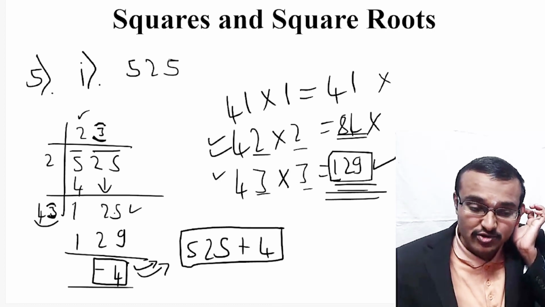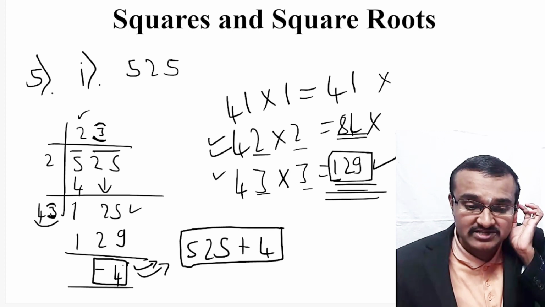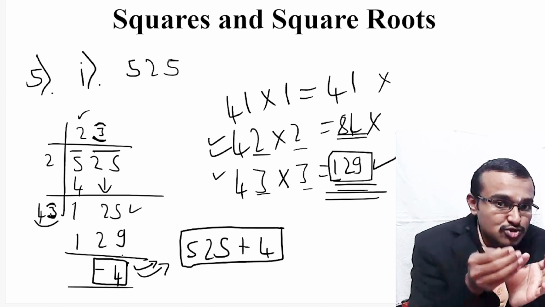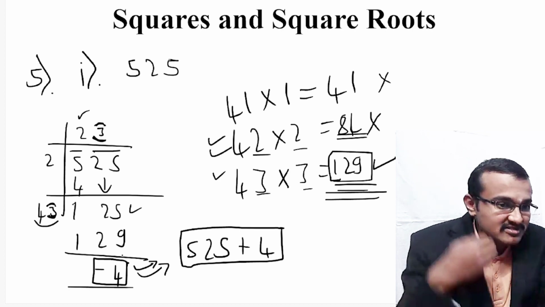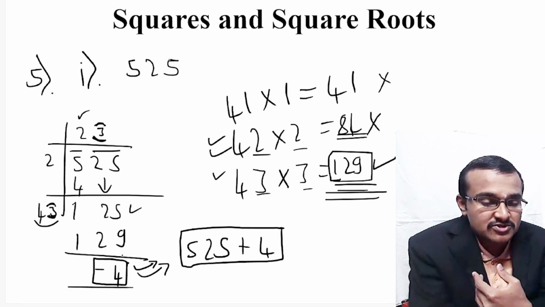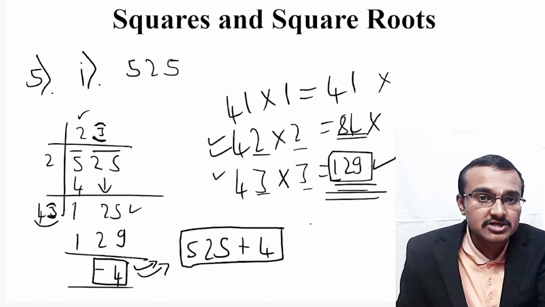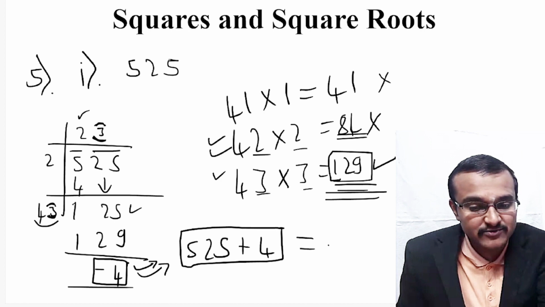So when you do 43 into 3, you get 129 and you get minus 4 as your answer. That minus 4, the minus represents that many numbers are short for 525, so that many numbers you should add. So 4 is the number that you should add to this 525. When you add that 4 to 525, you will get 529.